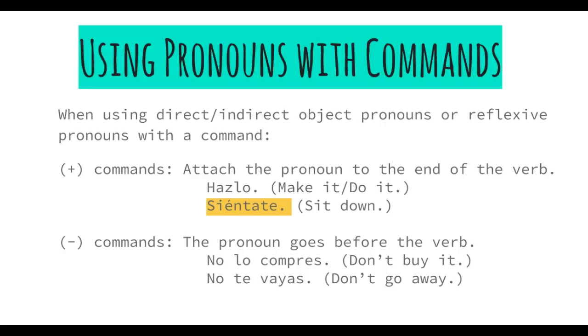That way you don't pronounce the word siéntate with the emphasis on the a, you keep it on the E. So you'll commonly see this accent mark added to positive commands or affirmative commands, but you won't see it on just the regular conjugated verb. For example, te sientas or me siento. You don't need the accent for those regular present tense conjugations.